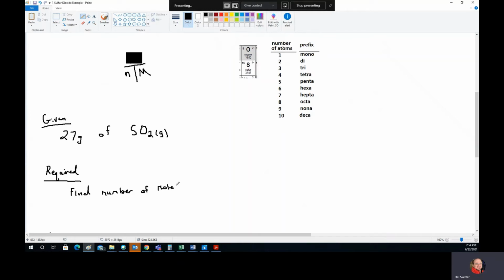You don't want to try to solve a question like this all at once. You want to try to solve it step by step. And so number of moles, well, that's going to be n equals mass over molar mass.